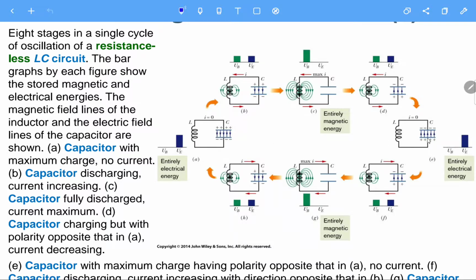We have a positive bottom plate and a negative top plate, and still all the UE but no UB. So it's just like you flip the circuit top to bottom. And it keeps on and then goes back to the starting situation. I won't go through it one by one because the rest is just symmetric to the earlier ones.